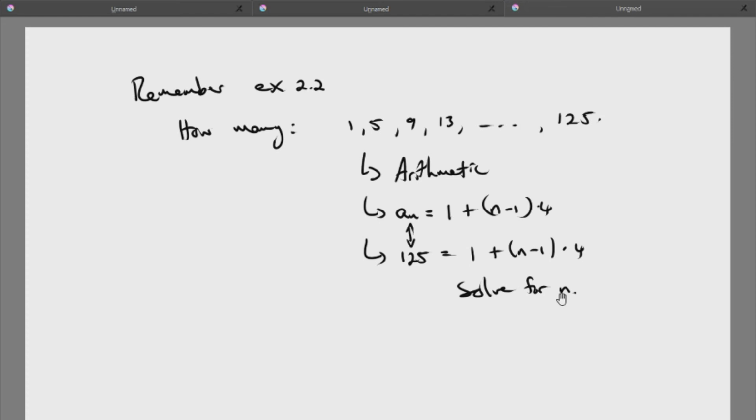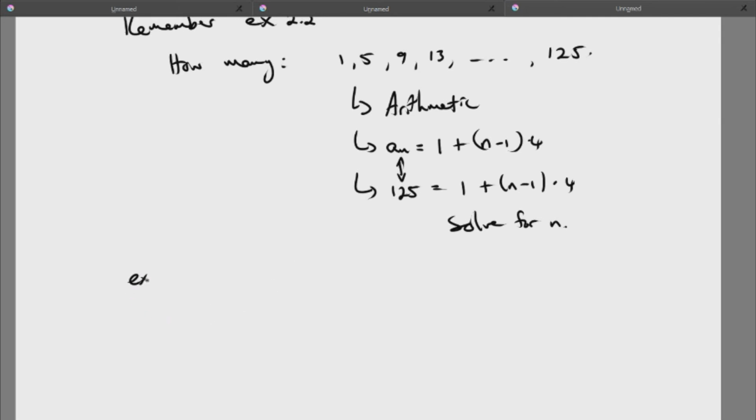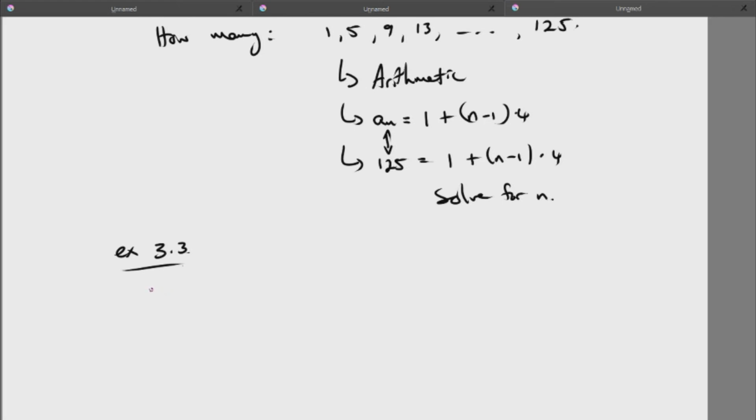Now, in exercise 3.3, we have again a how-many kind of question, and my sequence is 1, 5, 25, 125, and it keeps going, and it hits 9,765,625.